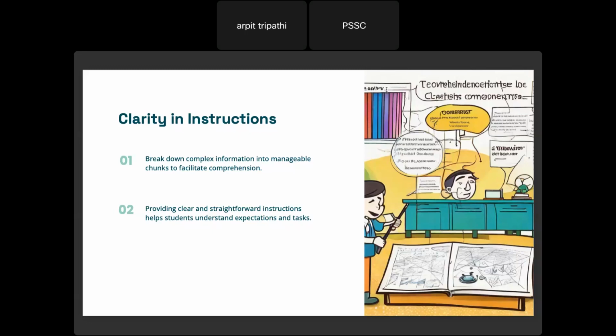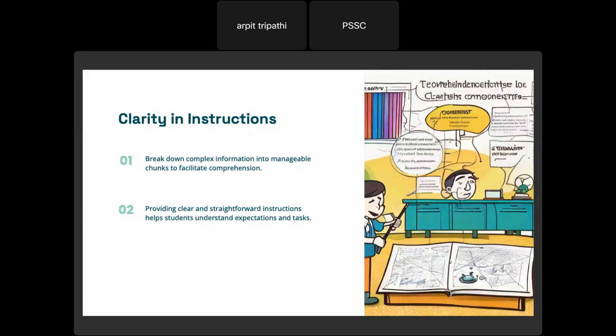Active learning strategies can also help in clarity in instruction: incorporate active learning strategies such as discussion, group activities, or problem solving exercises to engage students and encourage them to interact with the material. So active learning promotes deeper understanding and retention of complex information. One thing which you can also use is a check for understanding.